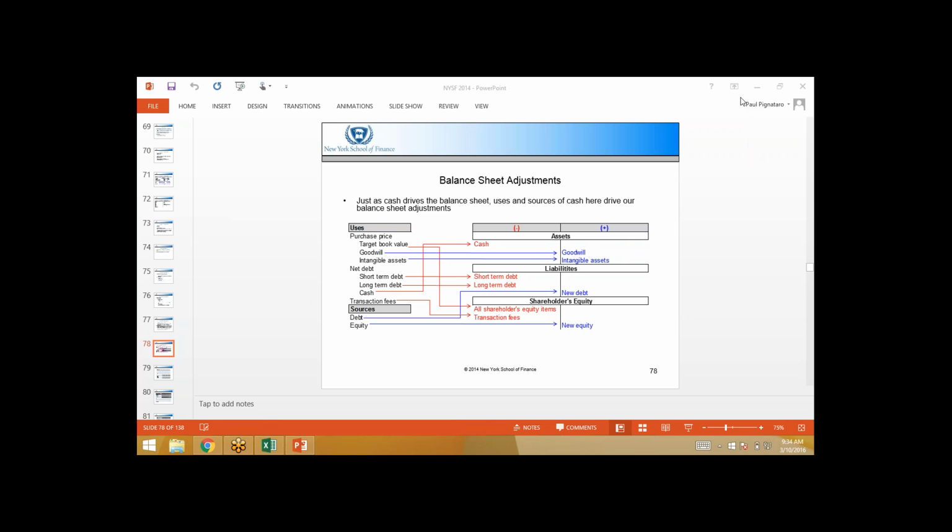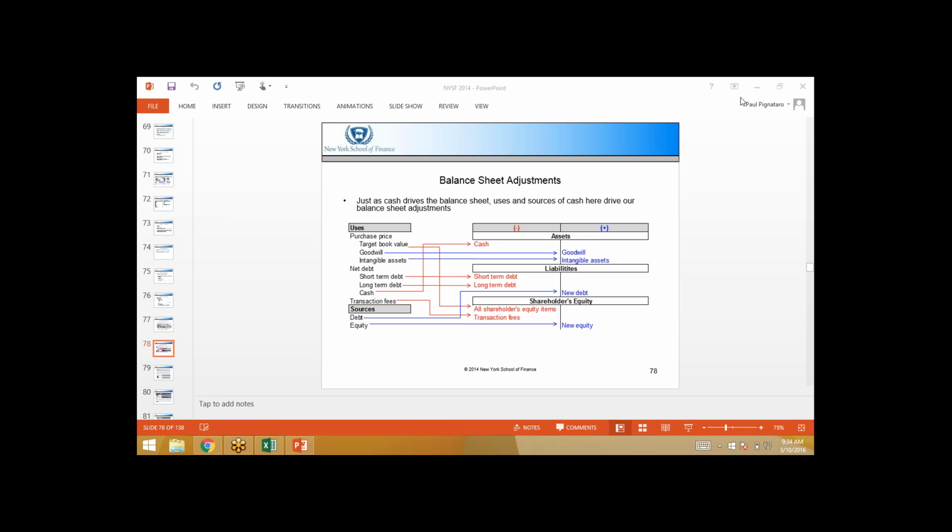Because what we're going to do is take the acquirer's balance sheet and the target's balance sheet, line them up side by side, and just add them together. Everything about the acquirer and everything about the target, you add them together. And if you add a balancing acquirer model and a balancing target model, that's obviously going to give you a balancing combined model, but it won't capture anything dealing with the sourcing and using of funds.